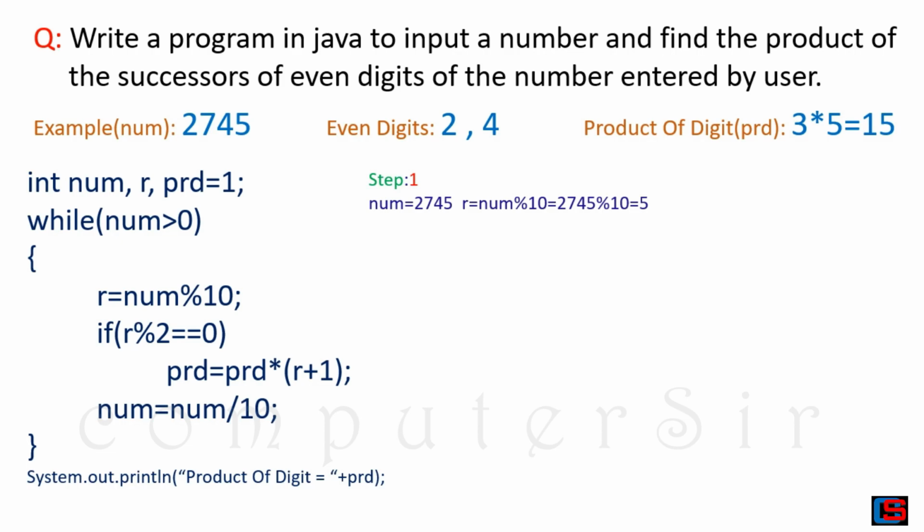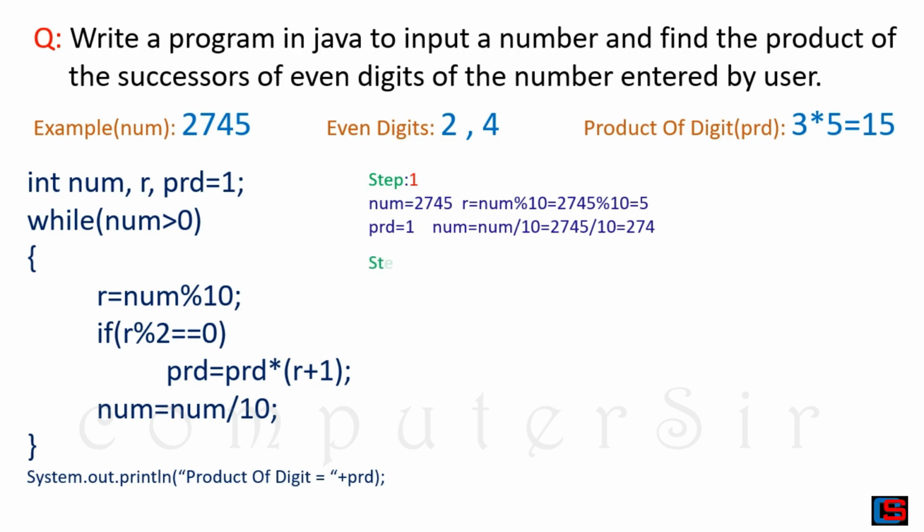And if r modulo 2, meaning 5 modulo 2, is not equal to 0, because 5 is not an even digit, the product remains 1, which was initialized before starting the loop. Then num equals num divided by 10, so 2745 divided by 10, and num becomes 274.